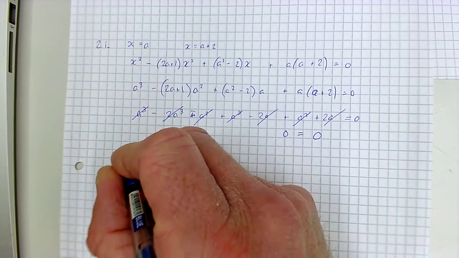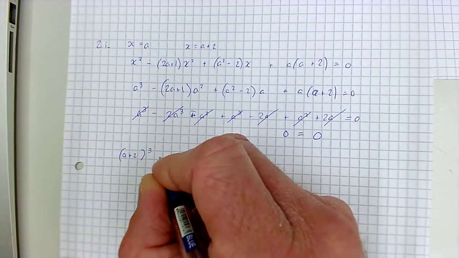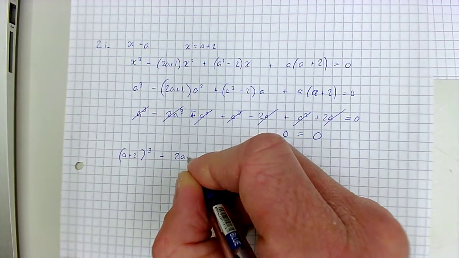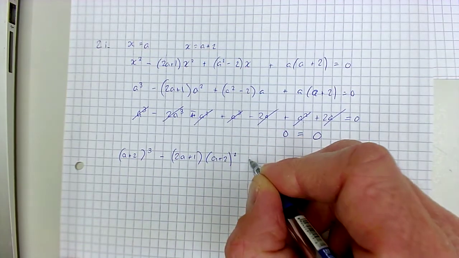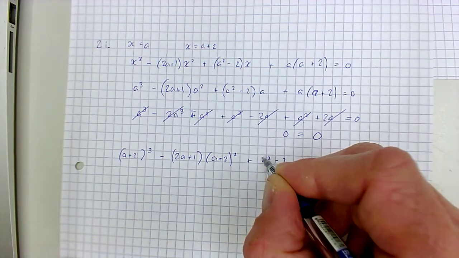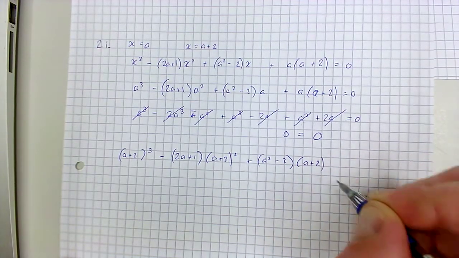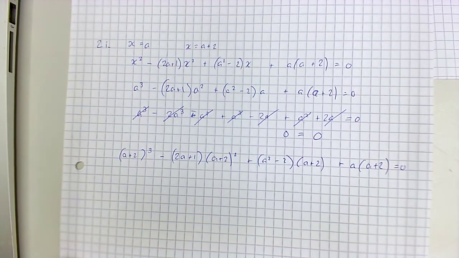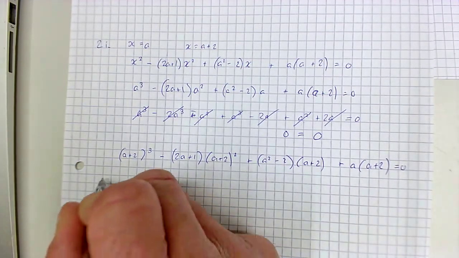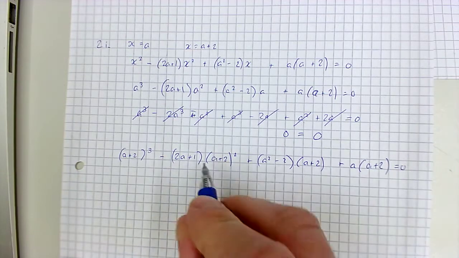So we've got a plus 2 cubed minus 2a plus 1 times a plus 2 squared plus a squared minus 2 times a plus 2 plus a plus 2 equals 0. So this is going to have a lot of terms in it.